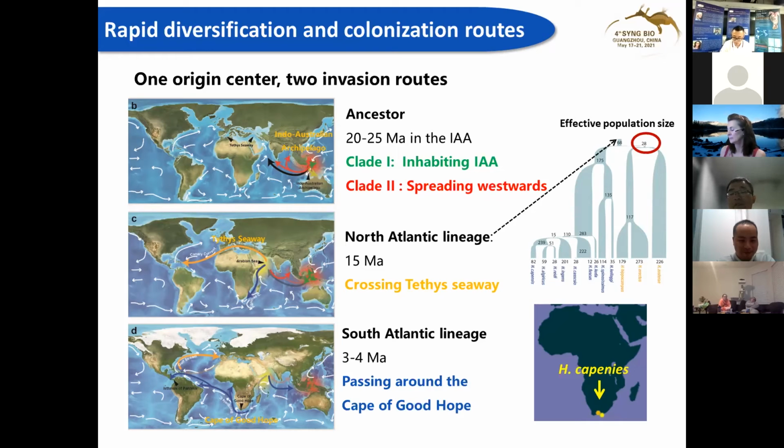And another piece of evidence is that the living seahorse species have complex captains. These small species only live at the tip of South Africa, which belongs to the lineage of the South Atlantic group.